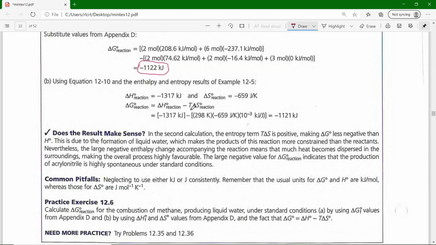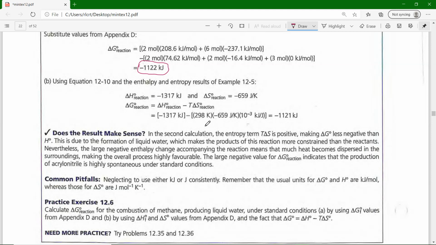Now we see here in the second calculation, the entropy term is positive. So delta G naught is a little more than minus 1317. More meaning closer to 0, right? So it's less negative. We're forming liquid water. It makes the system more constrained. Nevertheless, the large negative enthalpy change means that the heat becomes dispersed in the surroundings, more important than the others.